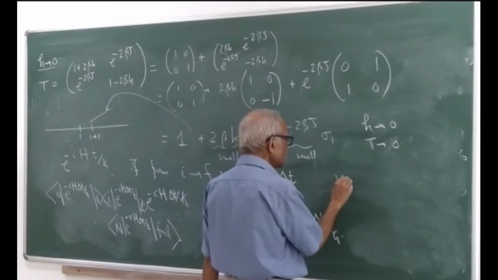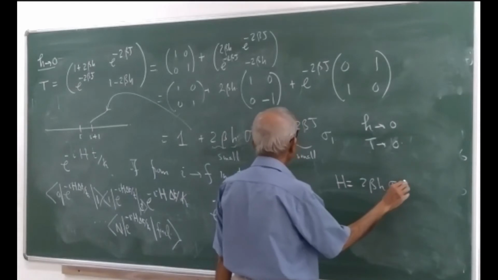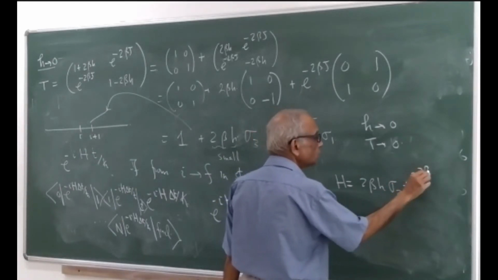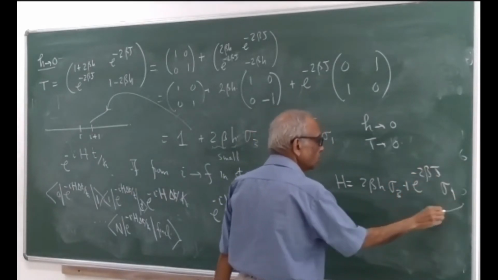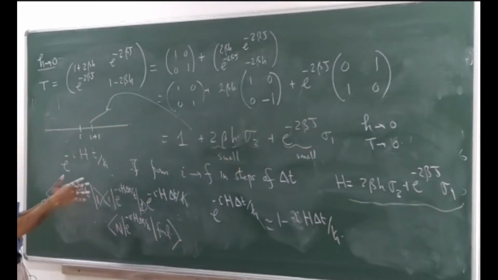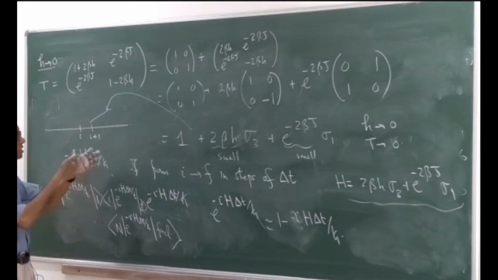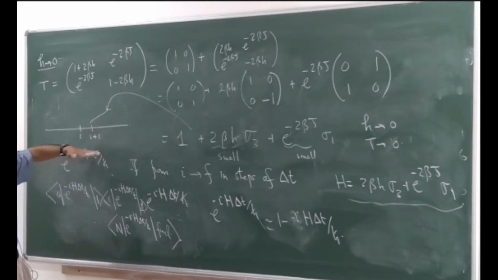If I look at a Hamiltonian which is e to the power 2 beta h sigma 3 plus e to the power minus 2 beta j sigma 1, then that Hamiltonian does what it does in a time translation. This one-dimensional transfer matrix is doing exactly that in the space axis.